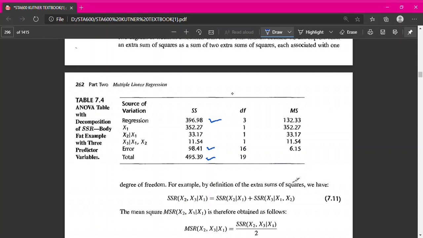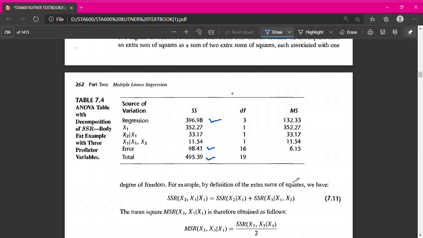Okay, so bila kita add only X1 dalam model, okay, dia punya SSR adalah 352.27. Okay, yang ni bila kita regress Y dengan X1 sahaja. Okay, yang ni dekat table 7.2, page 257, Anova A. Okay, Anova Table A. Okay, this one pula kena kira lah 33.17 sebab ianya adalah extra sum of square. When we added x2, x1 is already in the model.